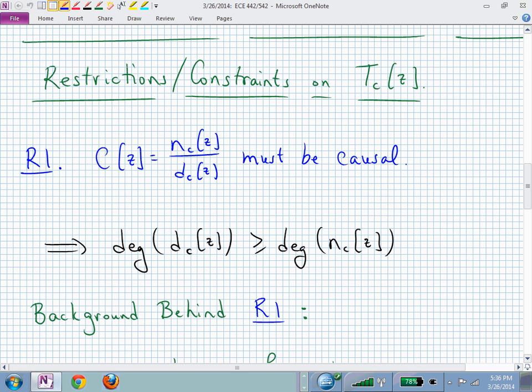If our controller is a ratio of polynomials in Z, we need that to be causal. And I hope from last time you remember what that means. Quickly, it means your denominator degree needs to be greater than or equal to the numerator degree in order for your controller to be causal.